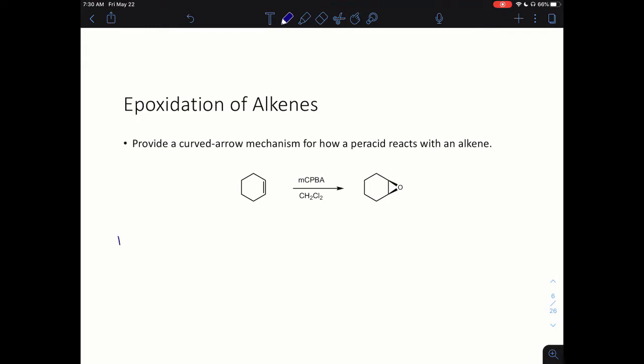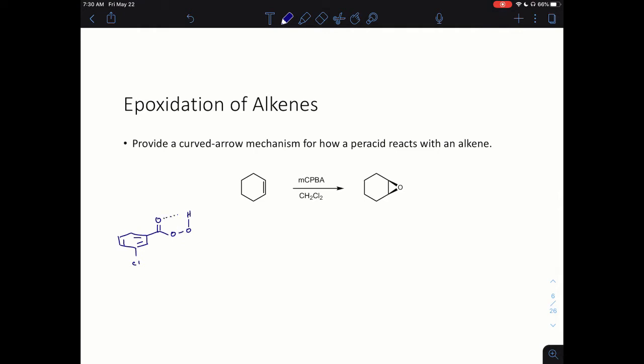There's something important to point out, which is that the preferred conformation of metachloroperbenzoic acid is not how I drew it on the previous page, which was like this. The preferred rotation around this single bond is actually to have the hydrogen pointed like that.